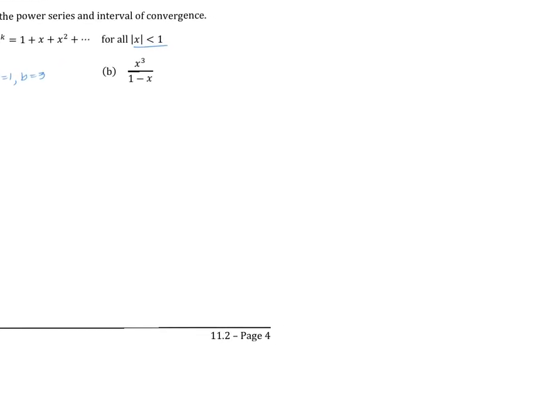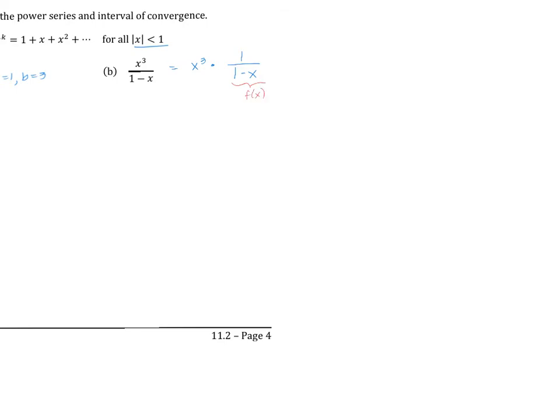Let's look at B and see if we can come up with a series and find the interval of convergence. When I look at B, I see the x to the third. If I were to rewrite this as x to the third times 1 over 1 minus x, I can clearly see that the 1 over 1 minus x is my function, which I called f of x.